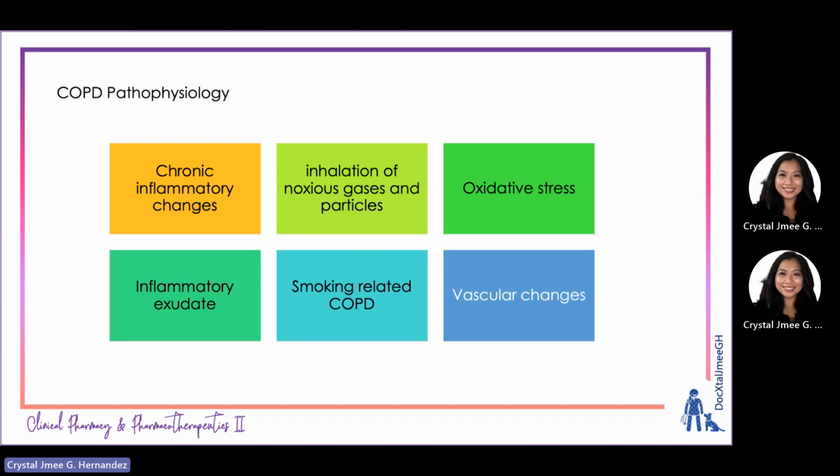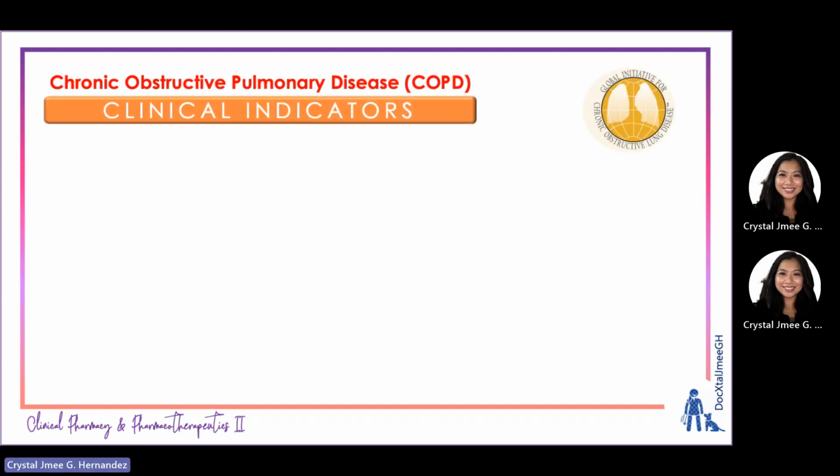Moving forward, let's focus on the clinical indicators for considering a diagnosis of COPD. The clinical indicators I'm going to present are things we consider in order to check if a patient would be considered for COPD.